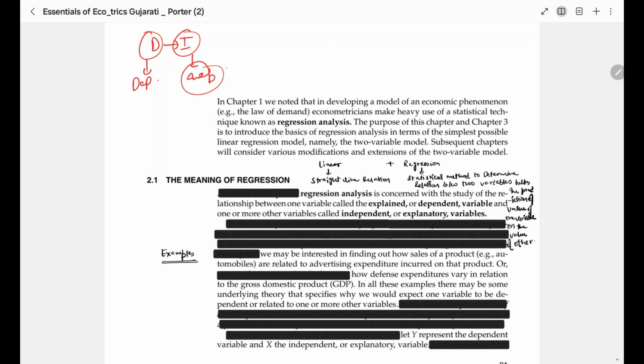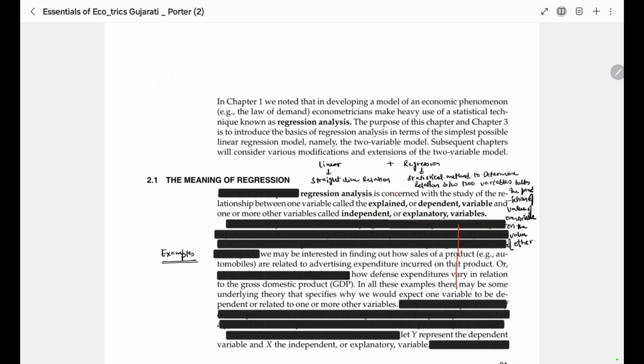This independent variable will take values and those values will affect our dependent variable, right? So in other words, that is explained and explanatory. Demand is our explained variable, that is it is explained by income, and income is explanatory, that is it explains the demand. So this is the meaning of explained and explanatory variable here.